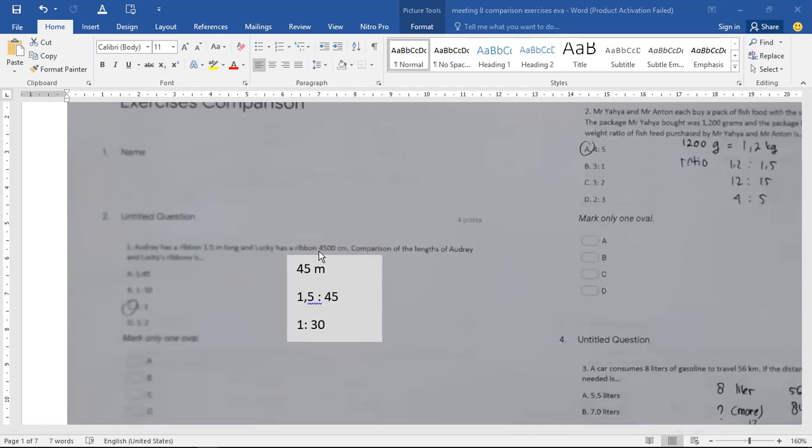So we have to change 4,500 centimeter into meter. How to do that? Just divide it by 100, so it is 45 meter. And then the ratio is 1.5 and 45, or we can simplify it into 1 per 30.